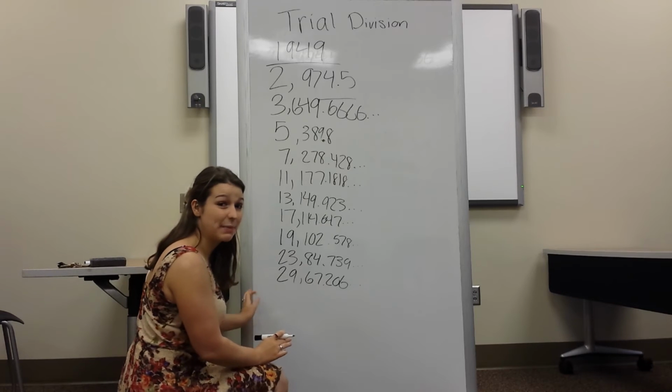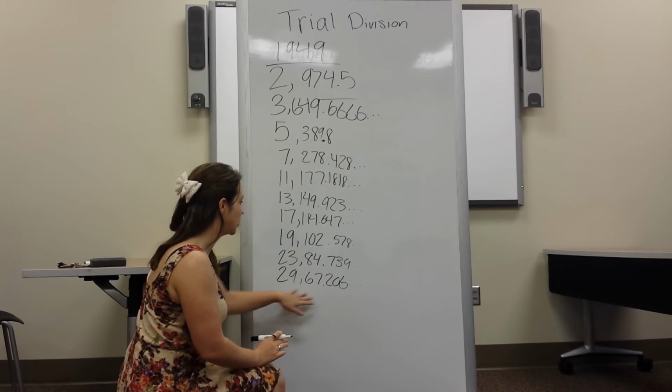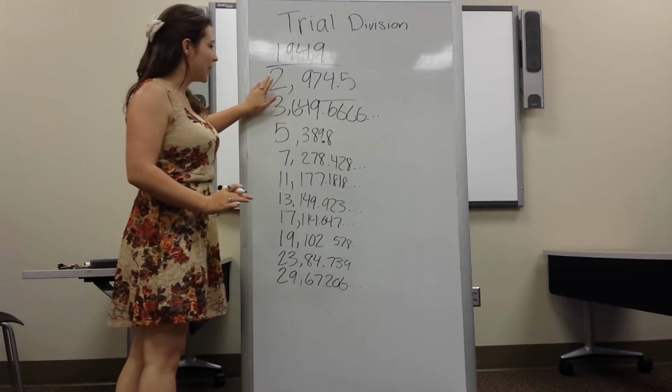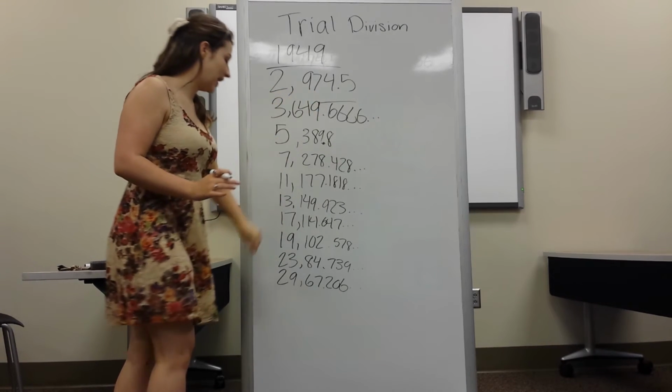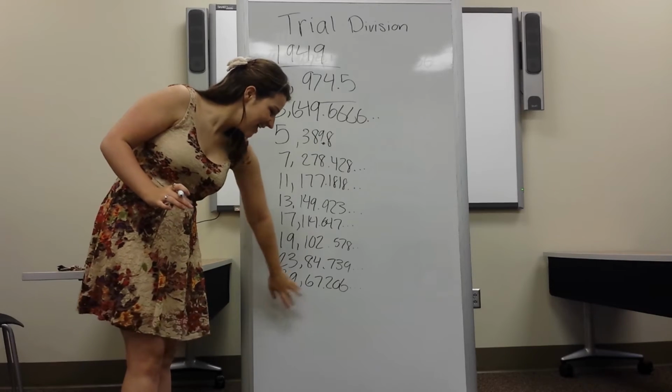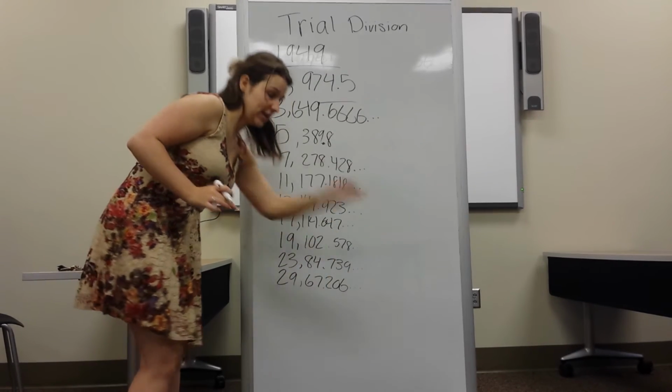Now what we're starting to see about the numbers is they're getting very close together. So we move from up here where we had 2 and 974.5 to down here where we've got 29 and 67 and some change over there.